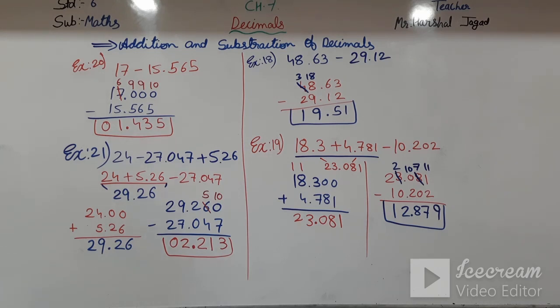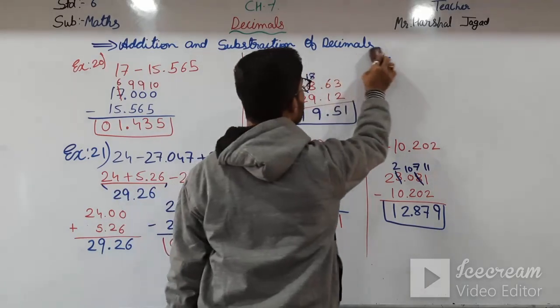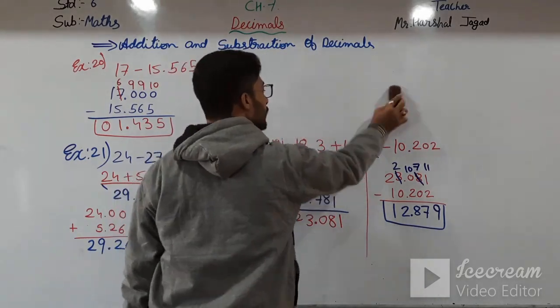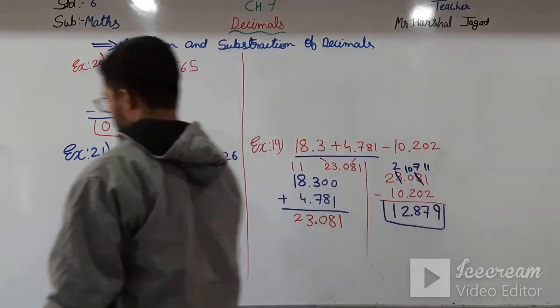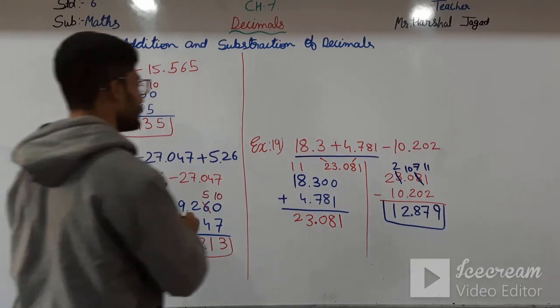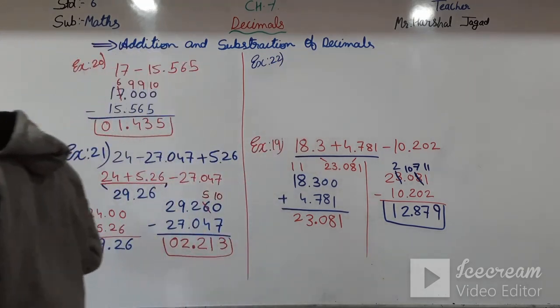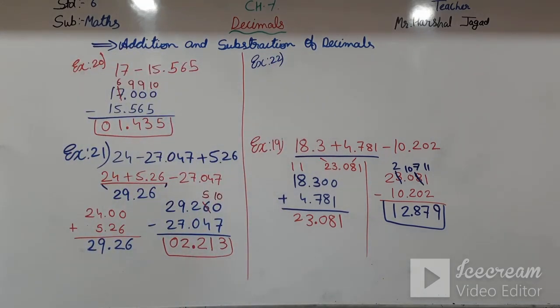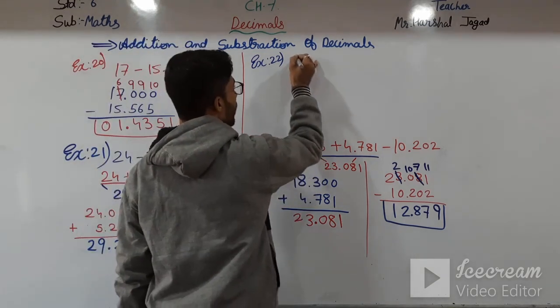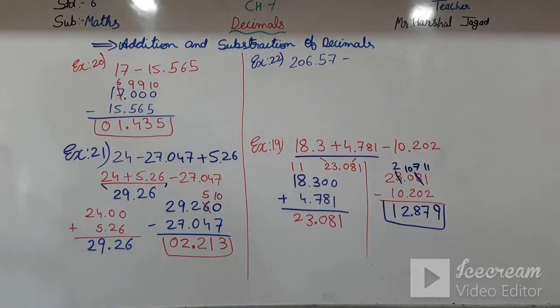And here moving towards example number 22. The question is 206.57 is to be subtracted by 89.132.